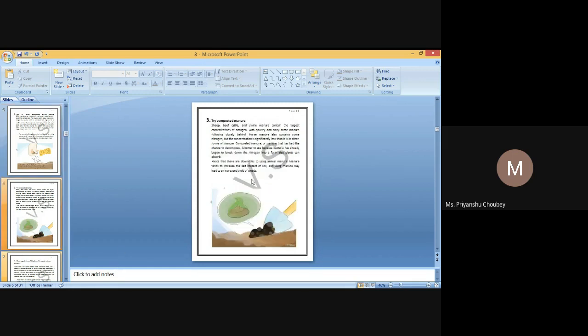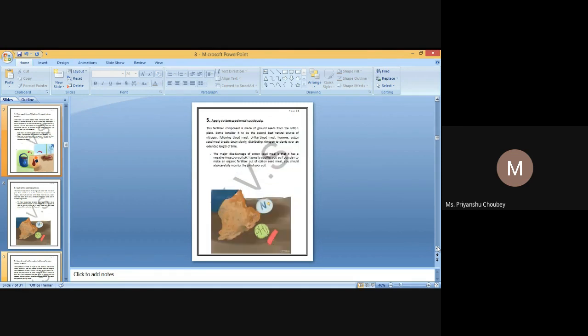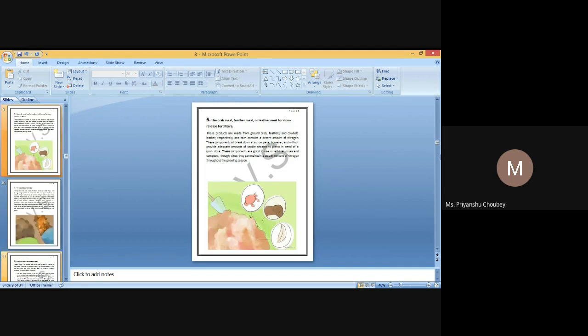When mosses and lichens grow on exposed rocks, they facilitate the deposition of dust, resulting in a favorable environment for higher plants to grow.